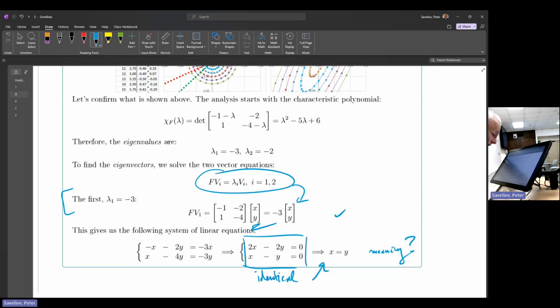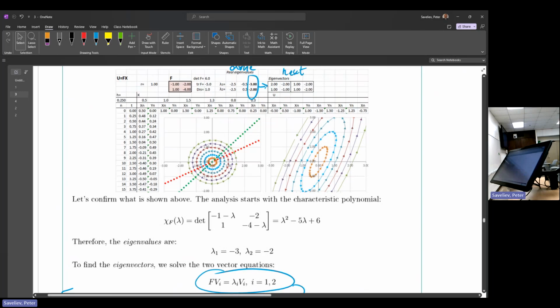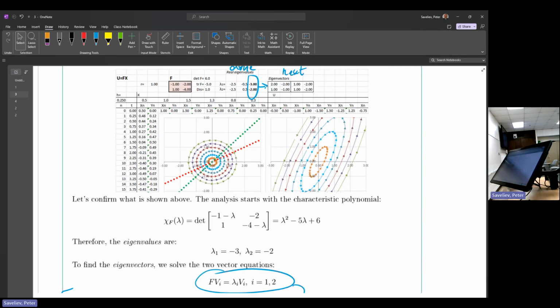That is the only restriction on the eigenvector: the first component has to be equal to the second component. You see it on the left: the green line goes diagonally, so x is equal to y. So we have found one of the eigenspaces, the green one.